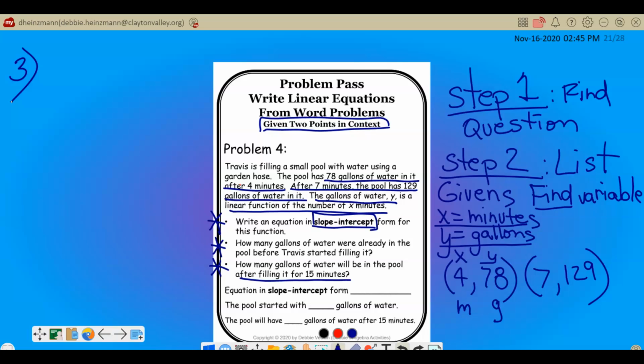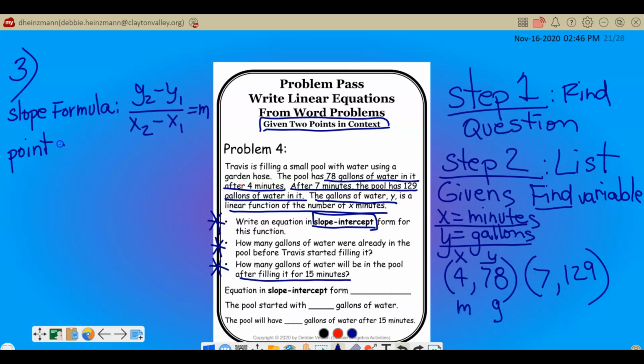And since we know that we have to derive everything, outside information that we need to write our equation is our slope formula, which is y2 minus y1 divided by x2 minus x1. This is m, slope, right? The slope formula. And we also have to know our point slope formula.